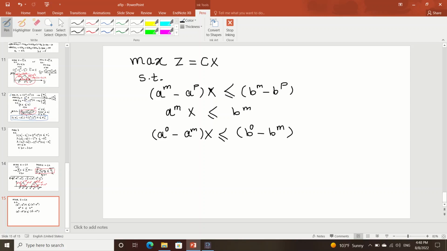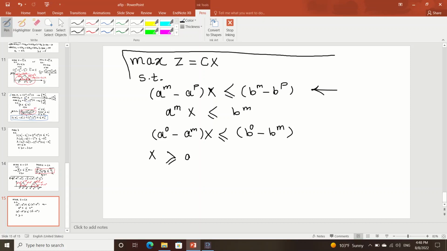And it is possible that, for example, this constraint relates to many general constraints in this structure. And x is more than 0.